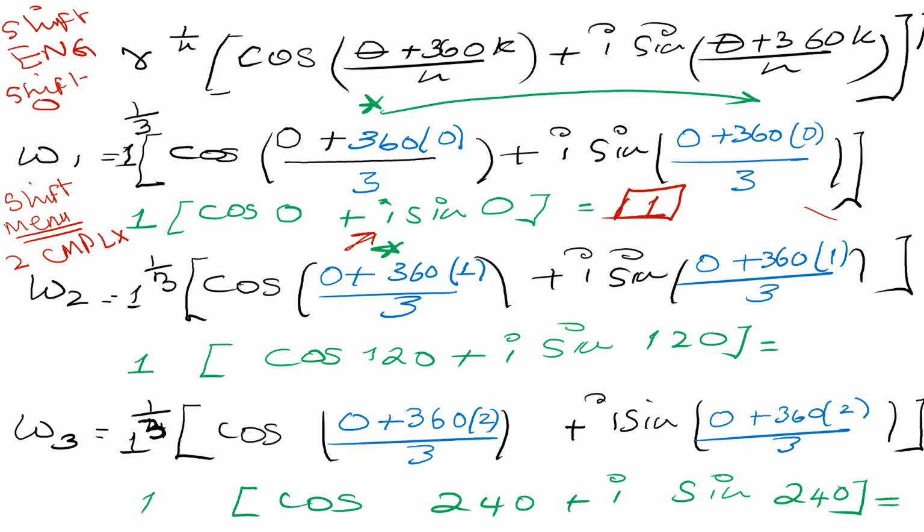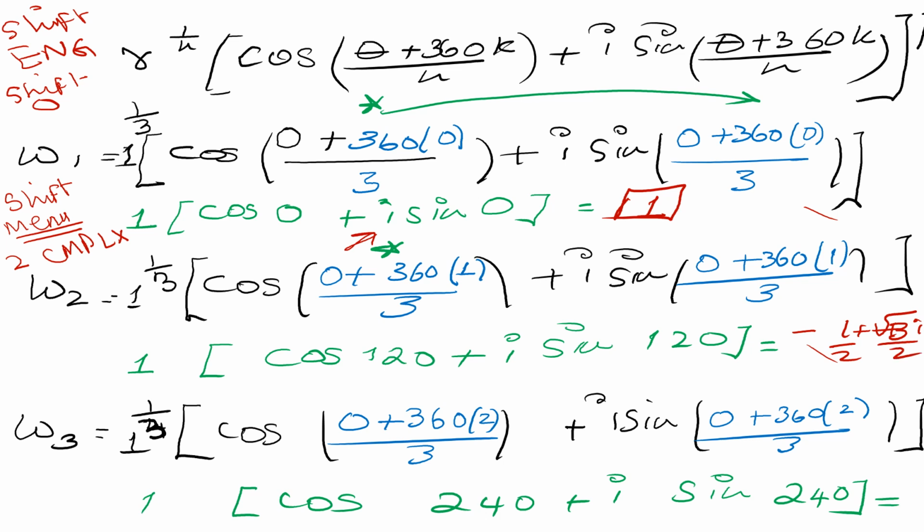Now write the second part. So you are going to write here 1 times cos 120 plus iota sine 120. But make sure that everything you are writing is correct, putting the brackets correctly. So you will get the answer as -1 over 2 plus root 3 over 2i.